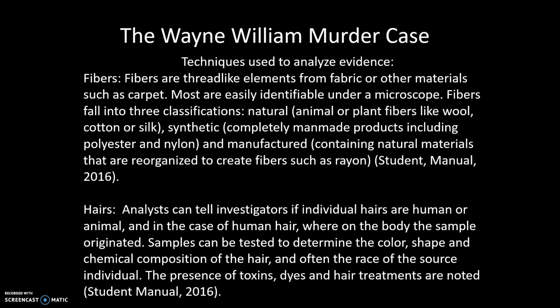There are many ways that laboratories analyze different types of trace evidence. Here are some examples. You have fibers, which is the main evidence found in the Wayne Williams case. You have hairs and the way they analyze that. I will give you time to read how fibers and hairs are analyzed.